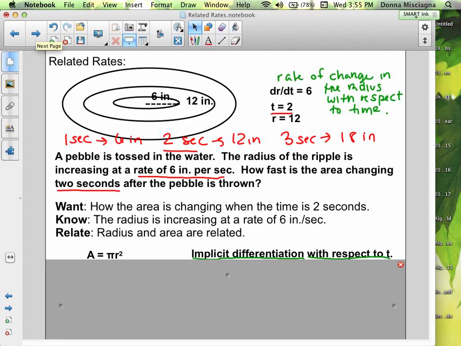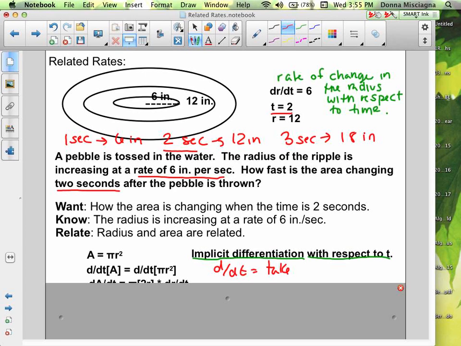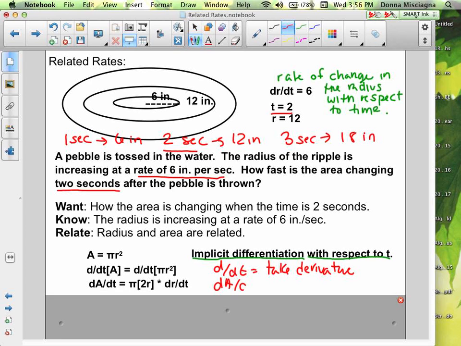The derivative of area with respect to time would be, so d/dt here, this means to take the derivative. But once I take the derivative, dA/dt and dr/dt, they are the derivative. That's a noun.